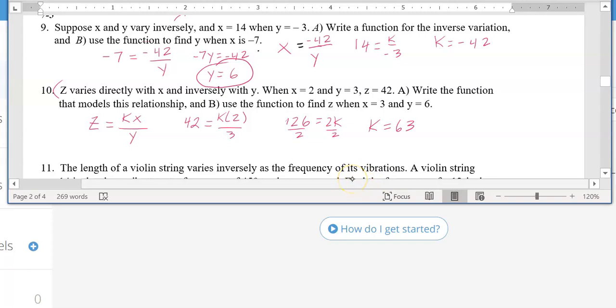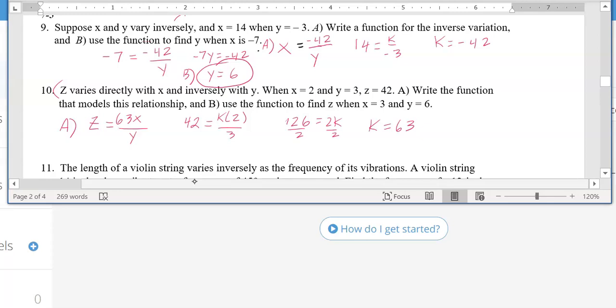Okay, so what I'm going to do now is I started with this generic, in general, describing this first sentence, and now I'm going to make it specific using the value of k is 63. Okay, so that's part A. Should have done that up here as well. That's part A. This is part B. Part A is the function. Part B is using the function.